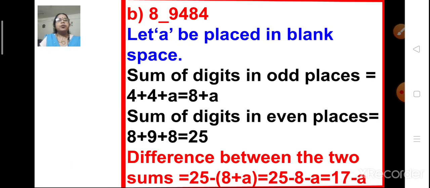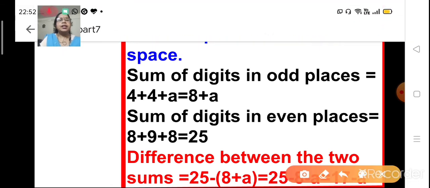Let us look at the next problem, B, 8_9484. Again, for the convenience of solving the problem, let us place A in the blank and let us find the sum of the digits in the odd places.